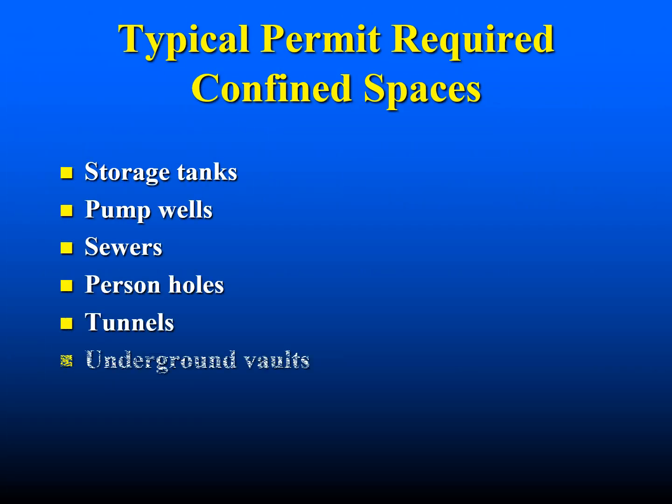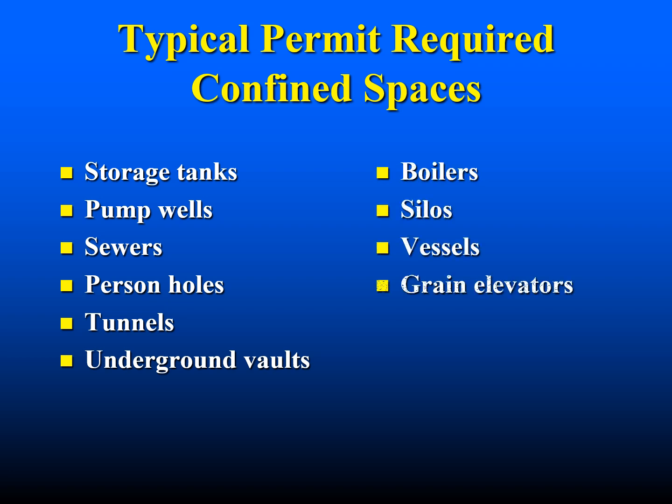Here are some typical permit required confined spaces that you may find in your jurisdiction: storage tanks, pump wells, sewers, person holes, tunnels, underground vaults, boilers, silos, vessels, grain elevators, water towers, rail car tanks.